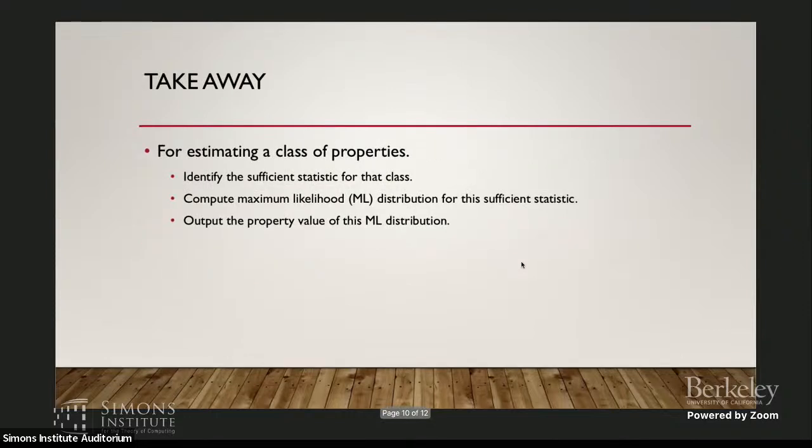Yeah. So what's the takeaway? One takeaway from this talk is that if you want to estimate some class of properties, here is a general recipe to do it. Identify the sufficient statistic for estimating that class, compute the maximum likelihood over that sufficient statistic, and just output the property value of this computed maximum likelihood.